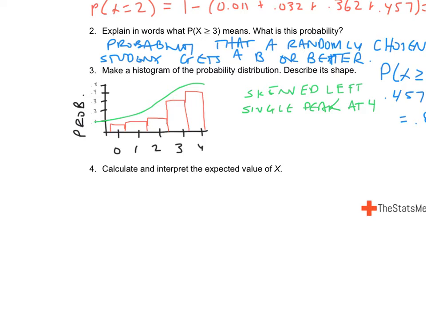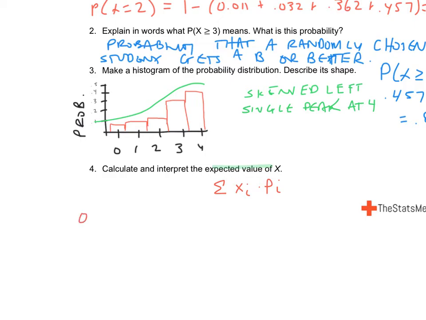Okay, so calculate and interpret the expected value of x. My expected value of x is what's new here from what we've seen before. Our formula is the sum of x sub i times p sub i. We haven't really seen how to do that yet, so I'm going to show you right here.